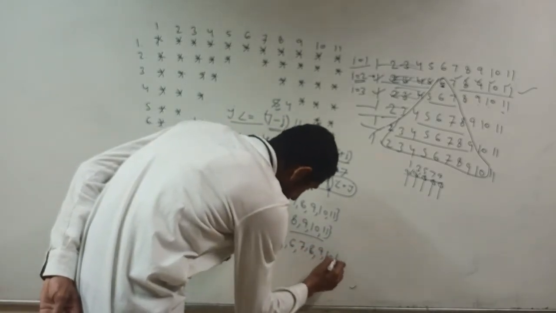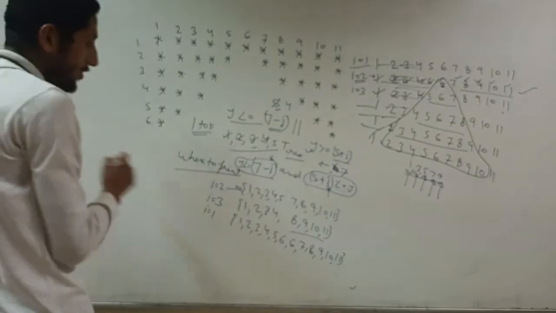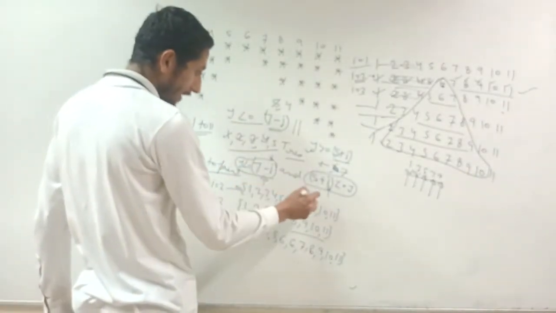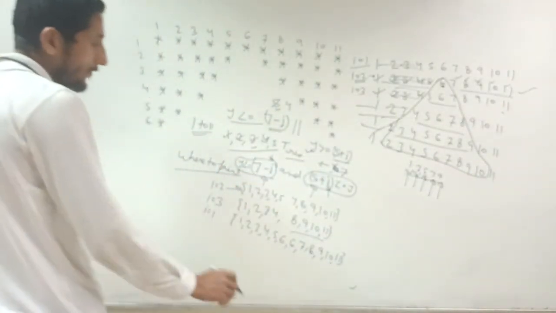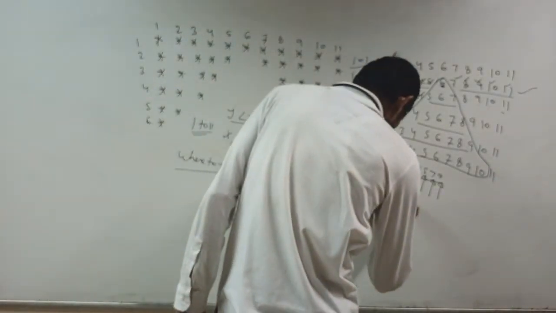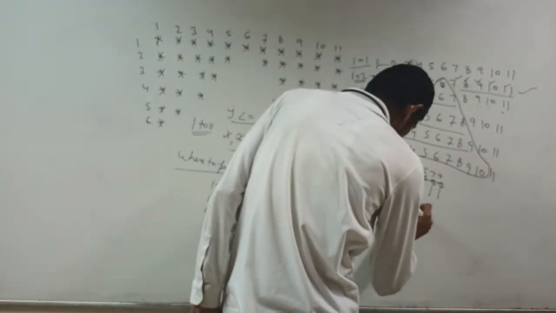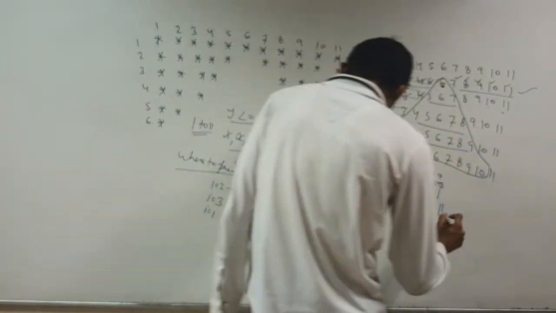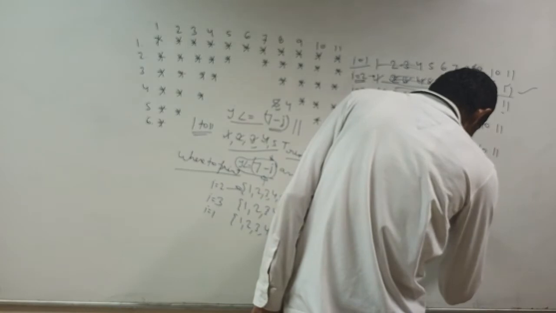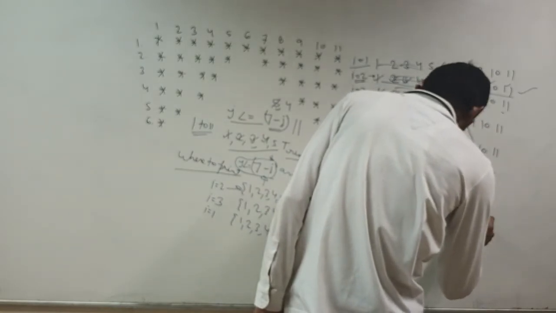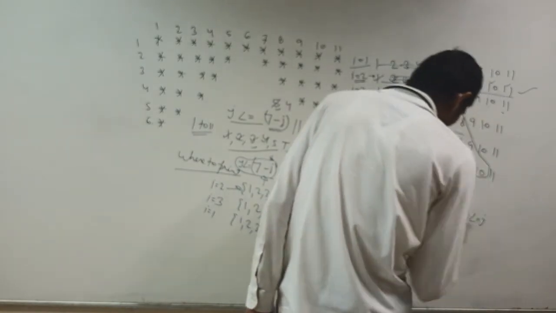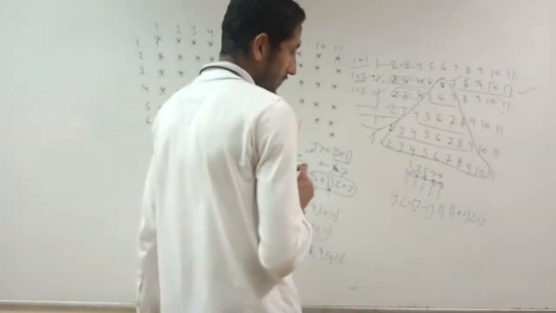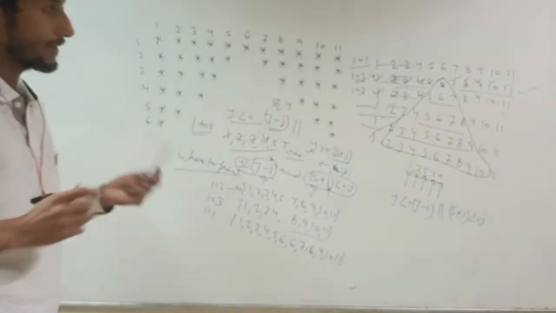With this logic, we have decided where we have to print something. So let me write this logic here: value of j less than or equal to 7 minus I, or value of j greater than or equal to 5 plus I. Let me write the logic and make the program.